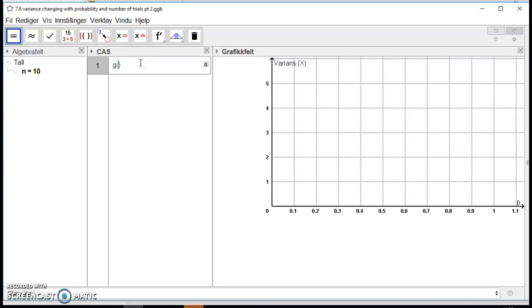So we call it g, and g of p equals n multiplied with p multiplied with 1 minus p.